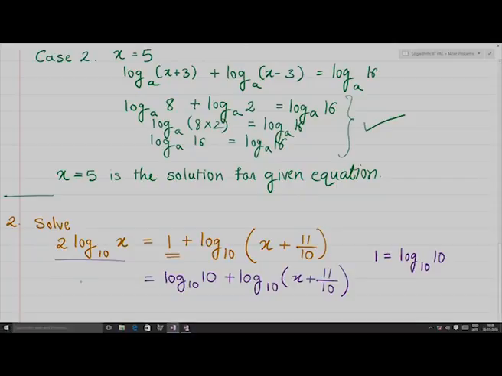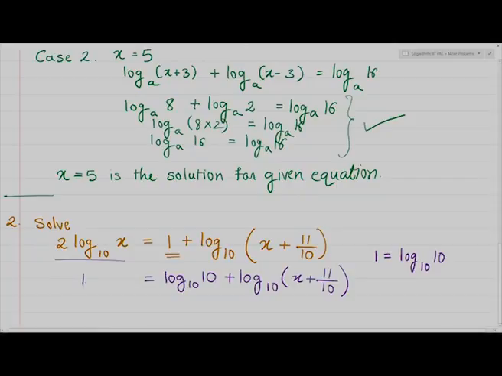What will this be? Log to the base 10 of x square, right, because this is n times log to the base a of m. So, this should be log to the base a of m raised to n.